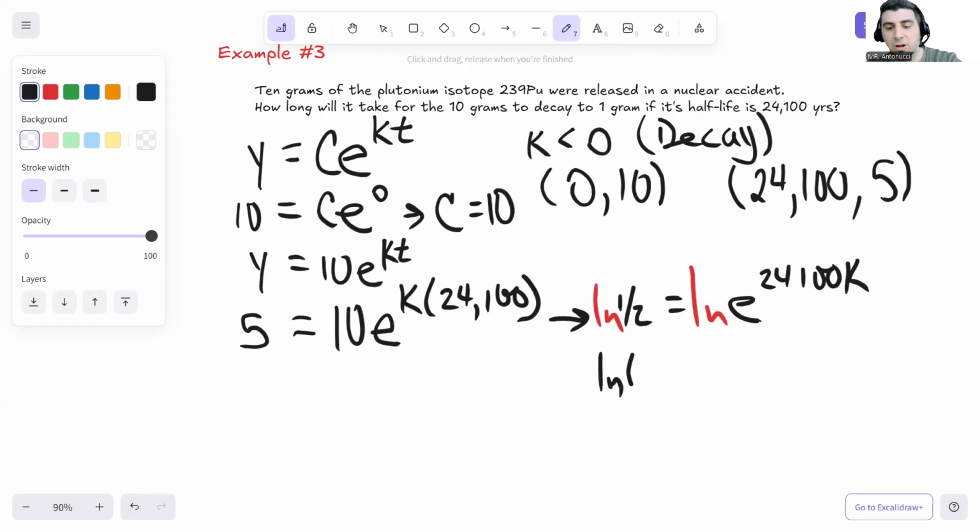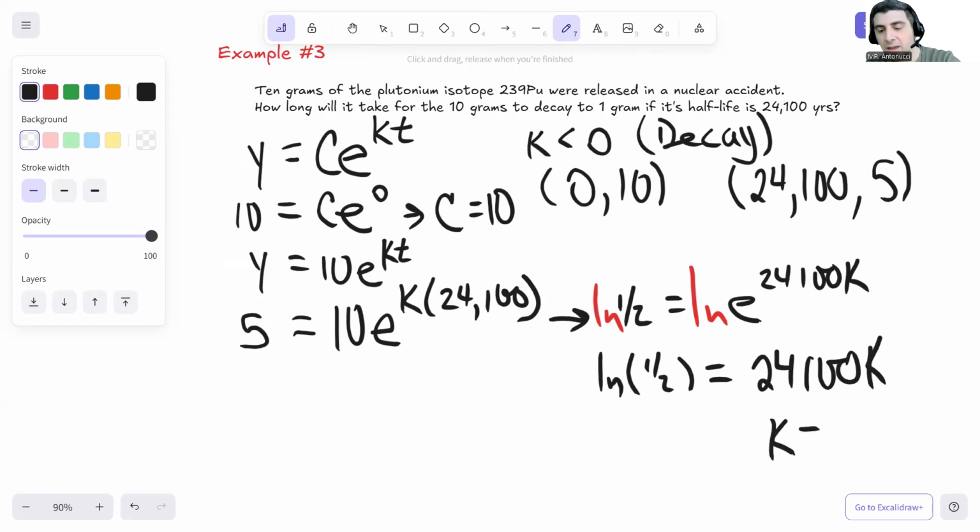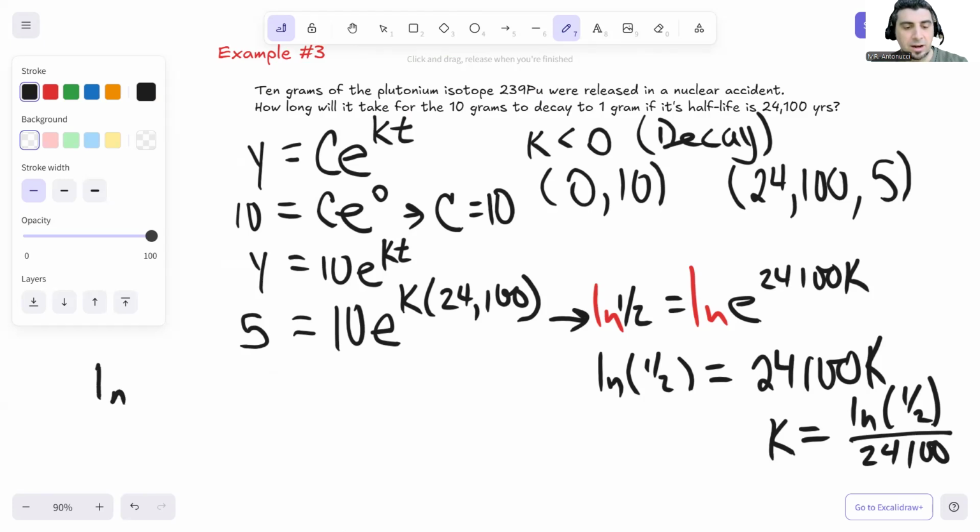And then you have natural log of 1/2 equals 24,100k. So k equals natural log of 1/2 over 24,100. Now, just a side note here, natural log of 1/2, according to the quotient property, we could rewrite as natural log of 1 minus natural log of 2.